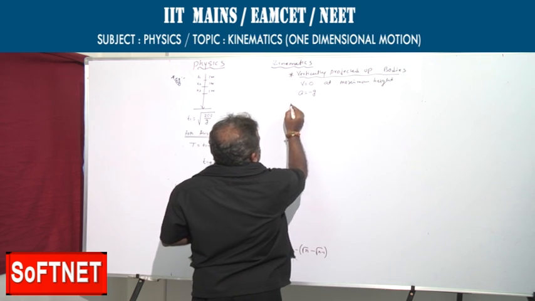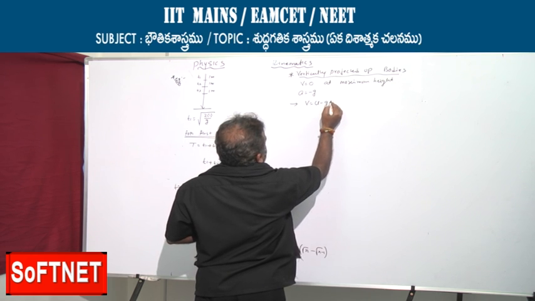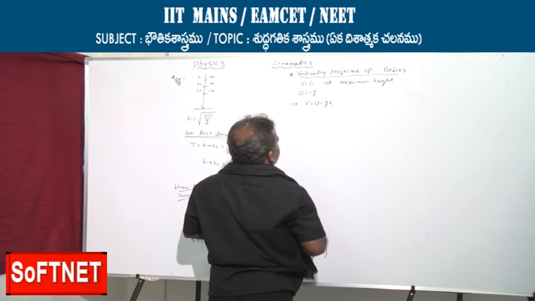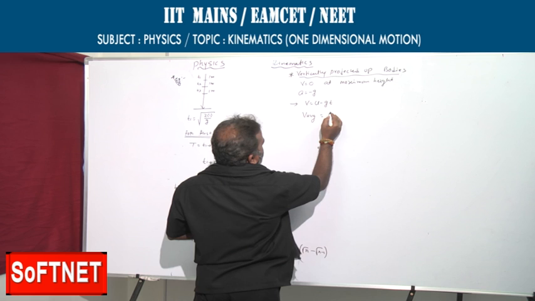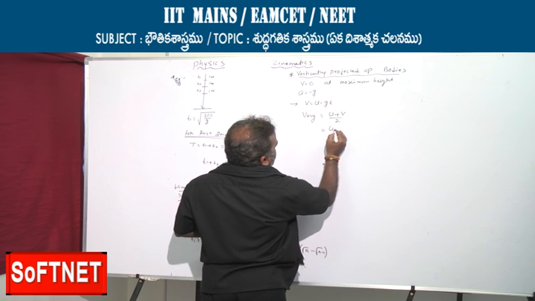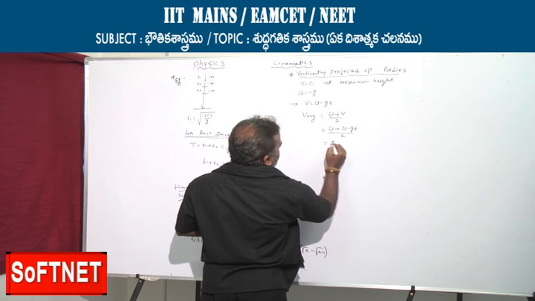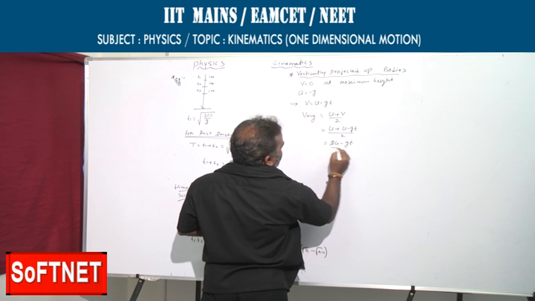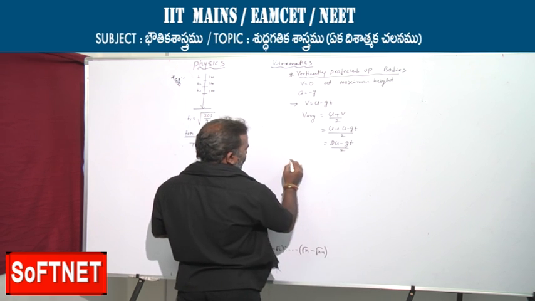So when we take the equations of motion, final velocity is equal to u minus gt, velocity after t seconds. In this case, what will be the average velocity? u plus v by 2, which comes out as u plus u minus gt by 2. So 2u minus gt by 2 is the average velocity after t seconds.